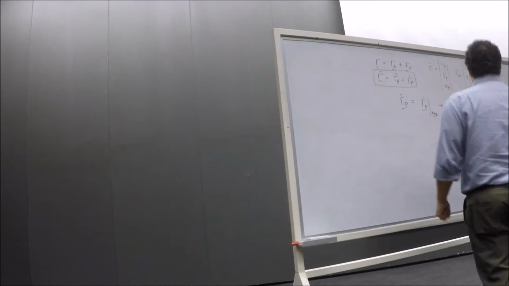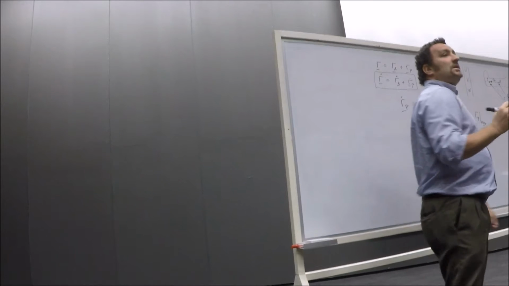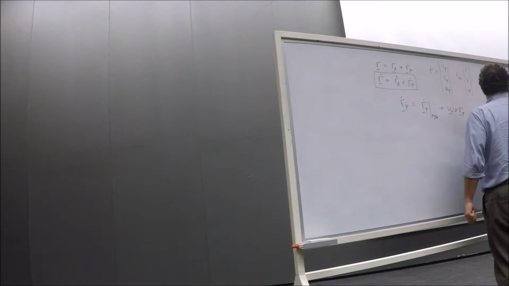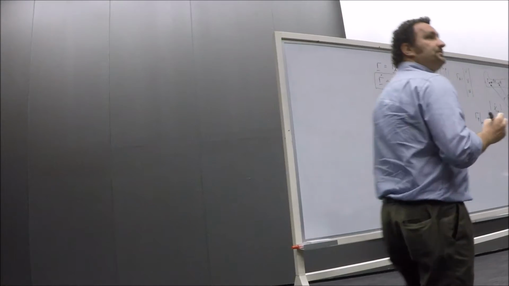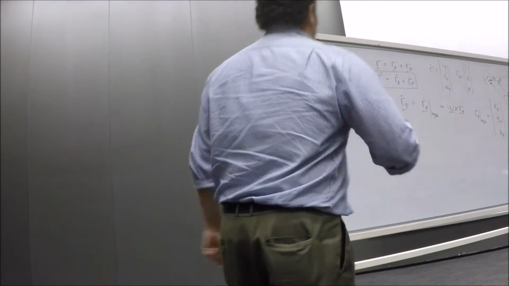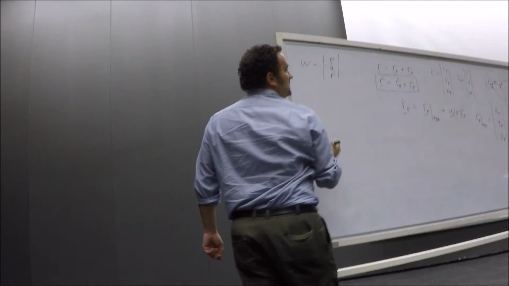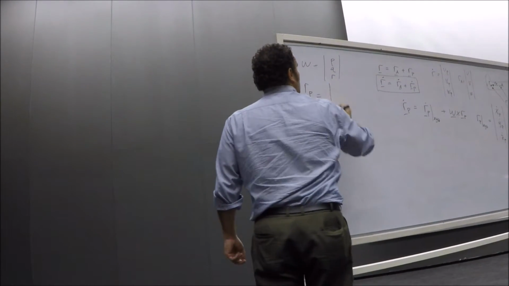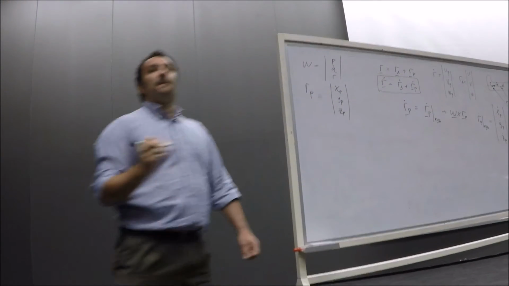So, for our system, the vector r dot p as seen by the relative frame of reference will be given by x dot p, y dot p, z dot p. Okay? And then we have the angular velocity vector omega, which is given by p, q, r, and the position vector rp, which is given by xp, yp, zp.